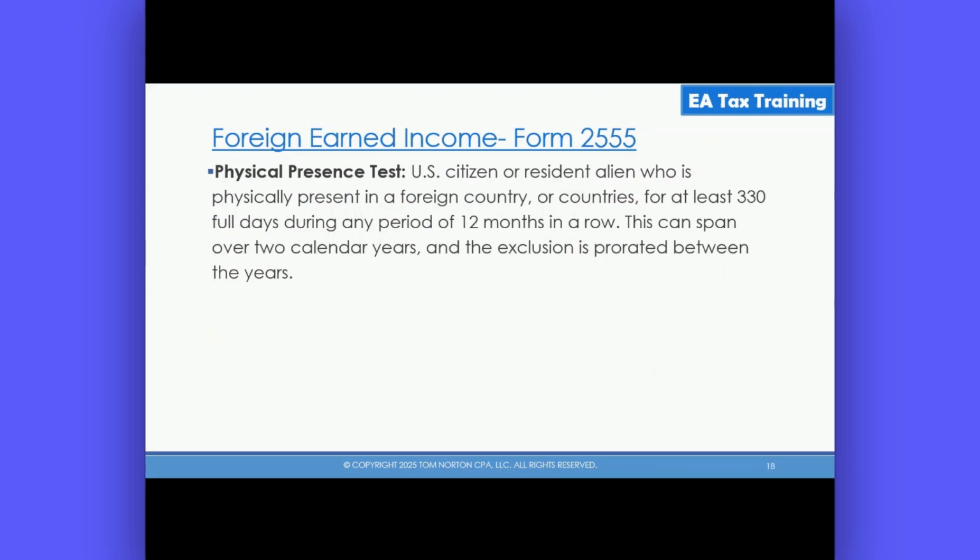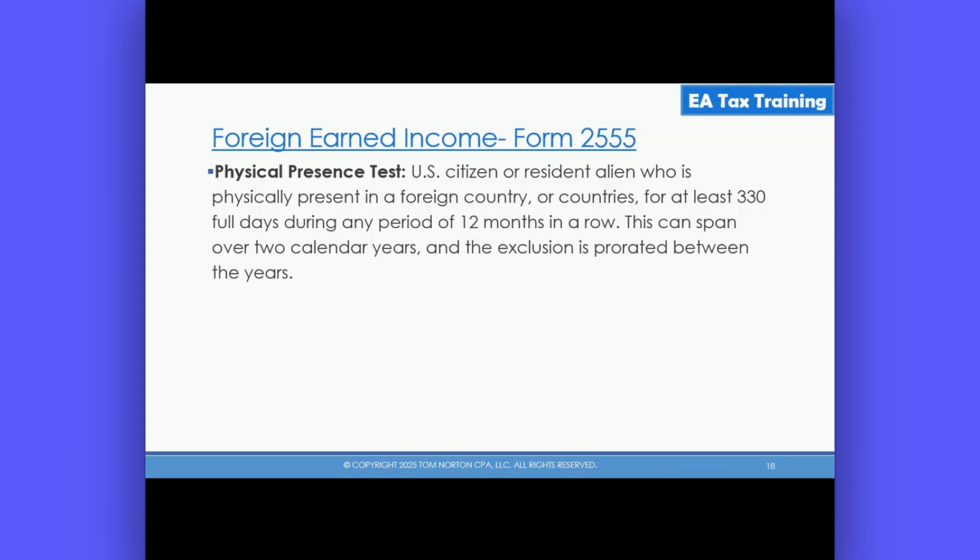So the next test, so if you don't qualify for the bona fide residence test, then you want to see, do you qualify for the physical presence test? So for a U.S. citizen or resident alien who is physically present in a foreign country or countries for at least 330 full days during any period of 12 months in a row. This can span over 2 calendar years, and the exclusion then would be prorated between the years.